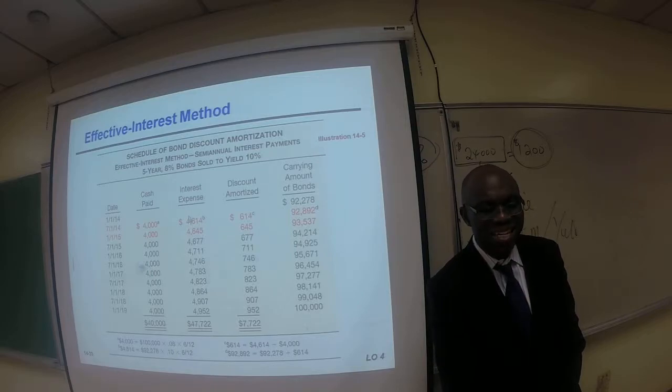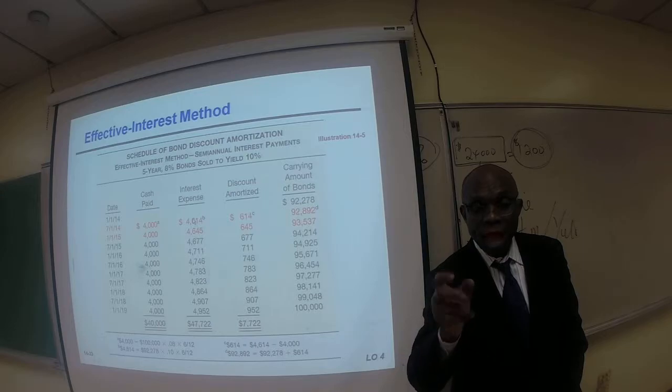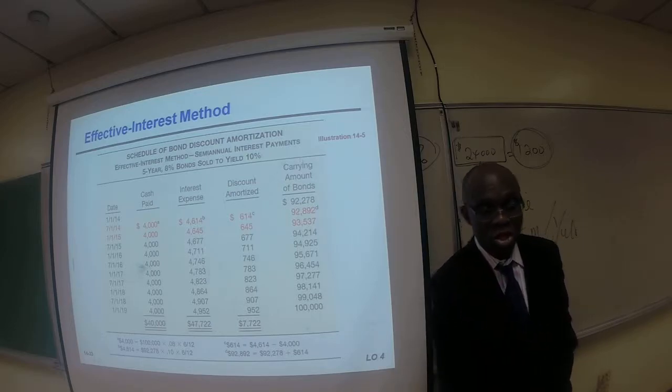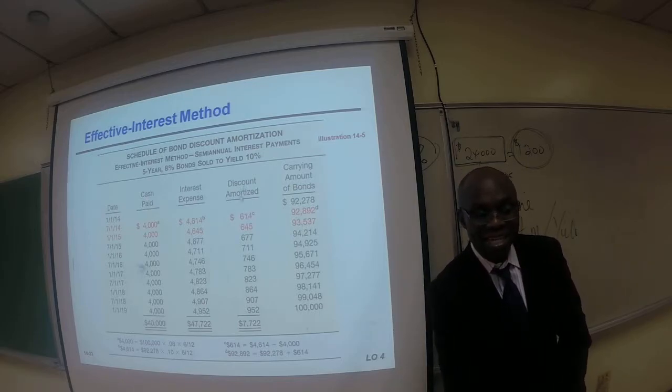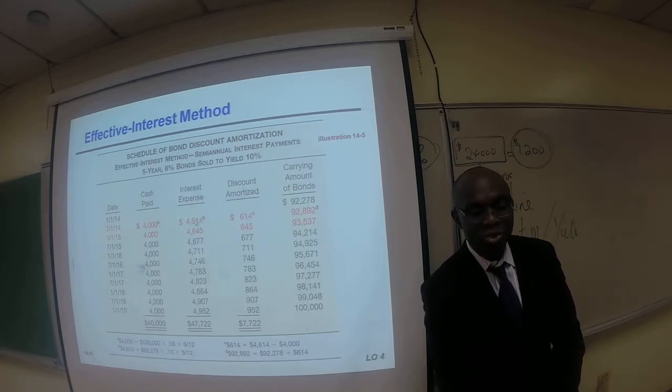As you can see, 4,614, the interest expense, is higher than the cash interest payment because the amortization of the discount increases the interest expense. So now, how do we determine the discount amortized? It is the difference between the interest expense of 4,614 and 4,000. So the discount amortized is 614.